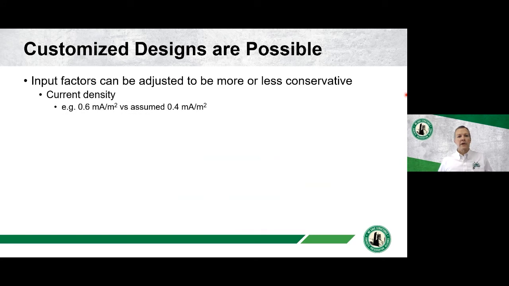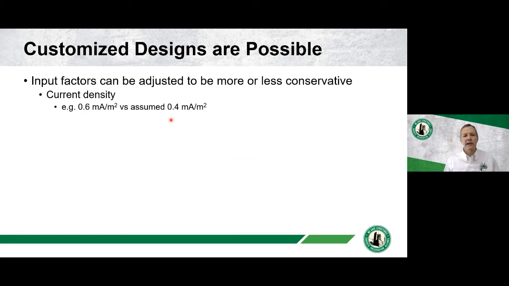For example, if you want to do a design based on 0.6 milliamps per square meter instead of the 0.4 milliamps per square meter that's assumed in the table, let us know. We can help you do it.